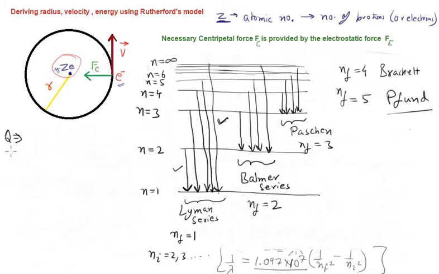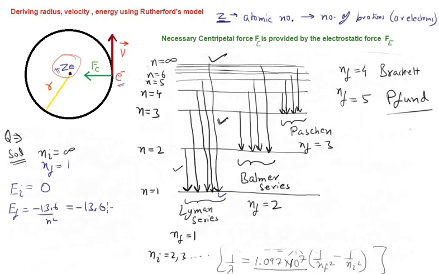So for the highest energy photon, n initial will be equal to infinity, because it is jumping from infinity, and n final will be 1, so nf will be equal to 1. We know that E initial will be 0 because n is infinity, and E final will be equal to minus 13.6 by n square. n is 1, so minus 13.6 electron volt.